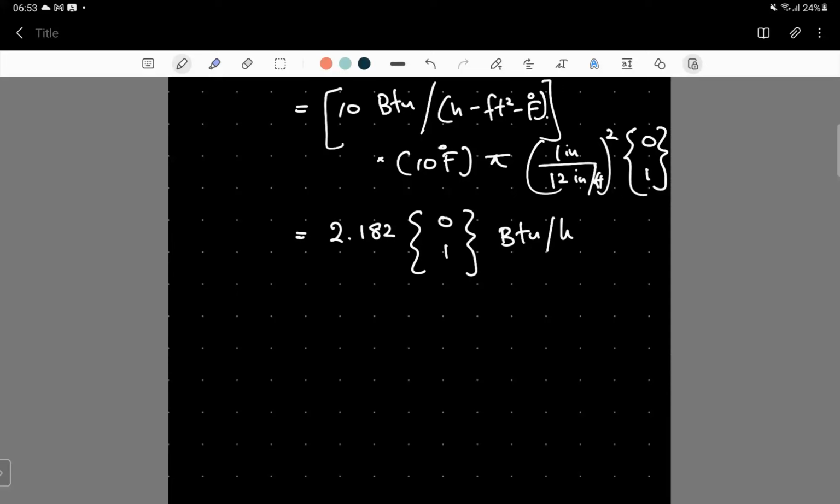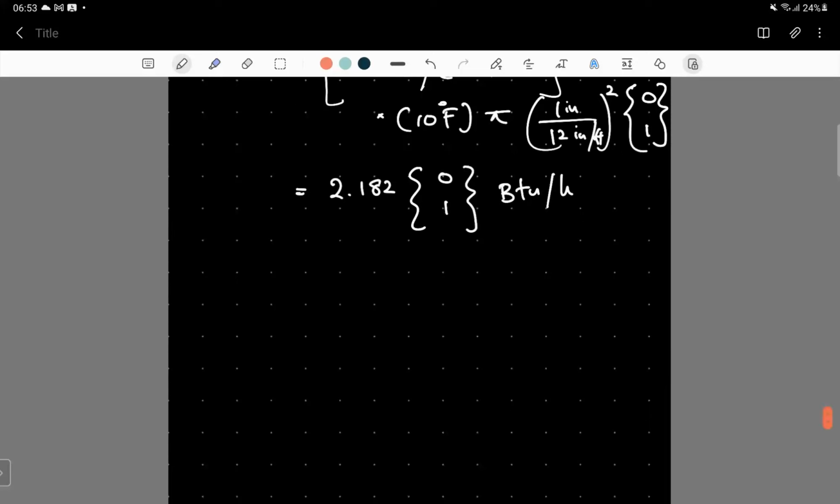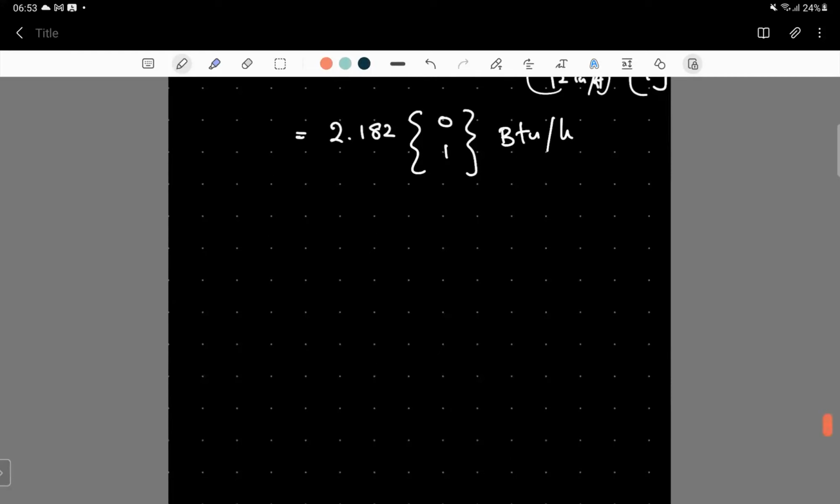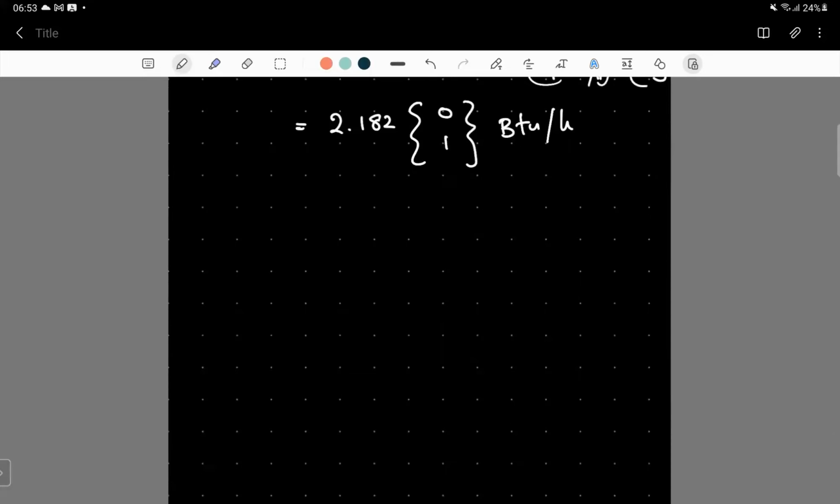So I will directly write down the solution here. You can carefully check it when you work out this example, whether you get the correct result.